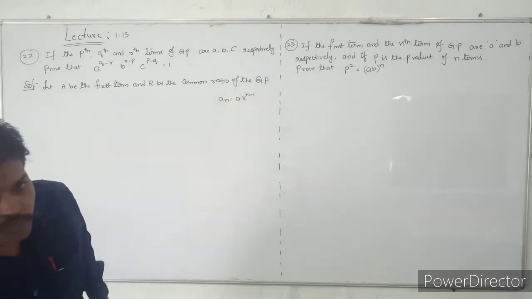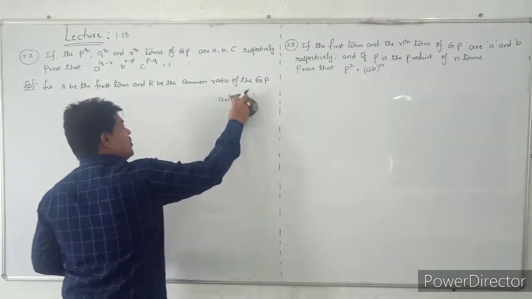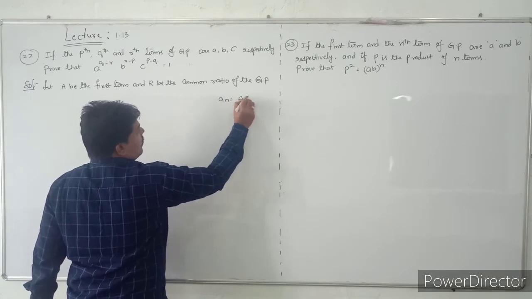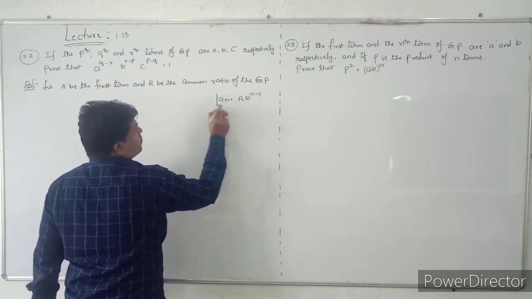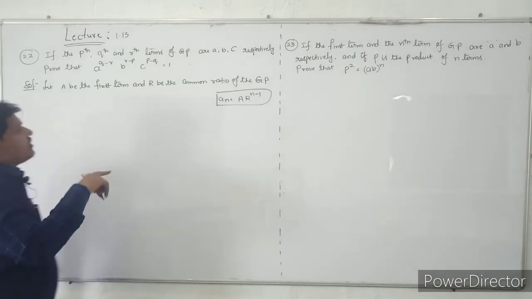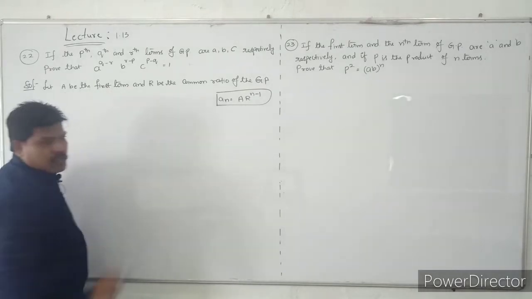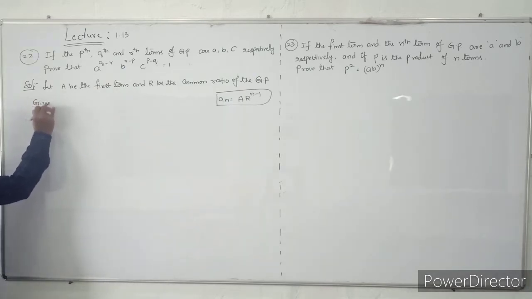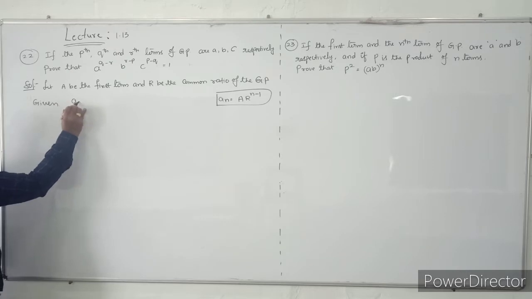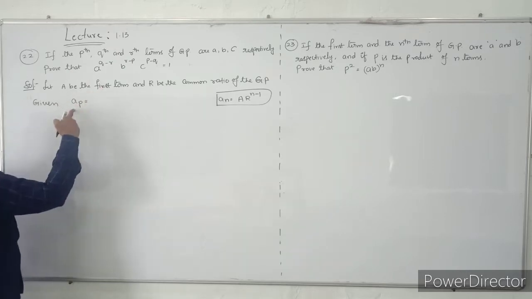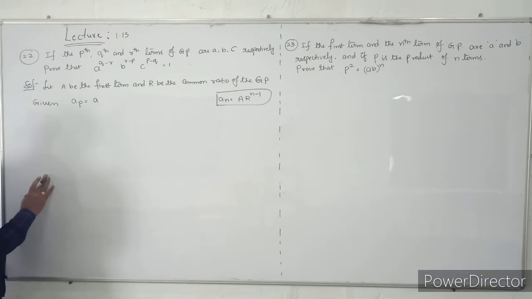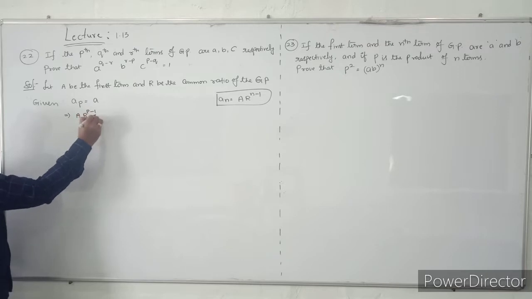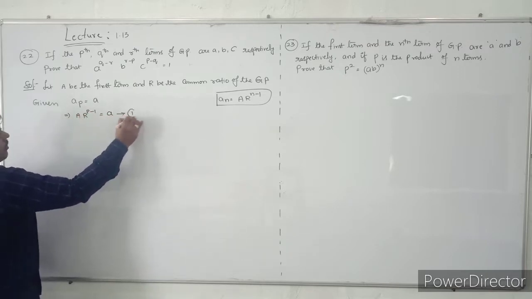So in this question, an is nothing but capital A into capital R power n minus 1, because here the first term is A and the common ratio is R. So the first one, what is given is that the pth term is equal to a. So the pth term is nothing but A into R power P minus 1, that is equal to a. So that is equation number 1.